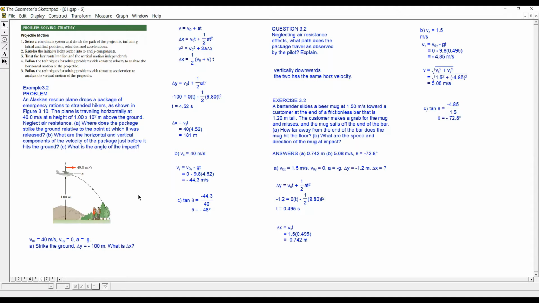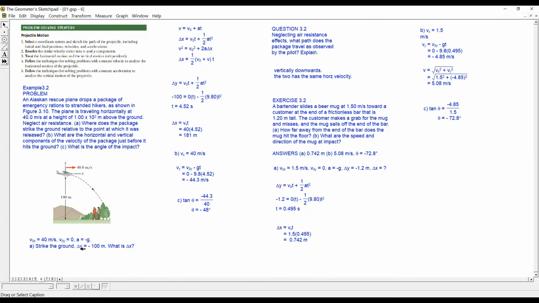Okay, so A, where does the package strike the ground relative to the point at which it was released? So that means we consider this as 0, 0, right? We consider this as 0, 0. So the things that are given: the initial horizontal component of velocity is 40, vertical component 0, acceleration is negative g.